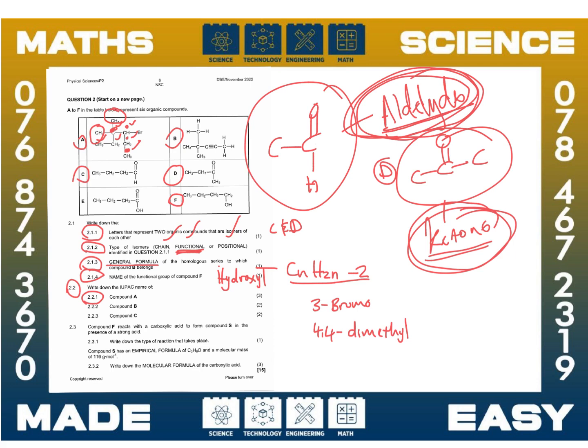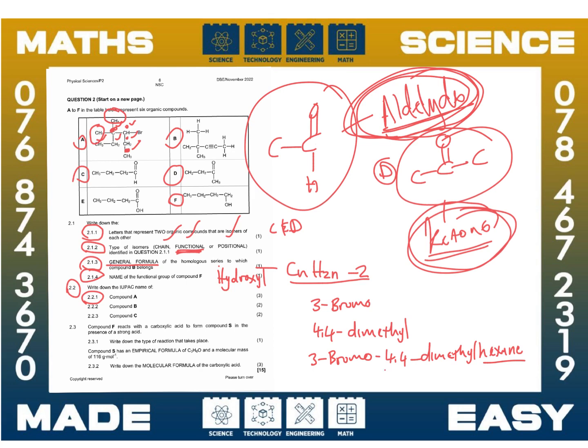So remember, when you write these, we follow the alphabetical order. So B comes first. So we have 3-bromo-4,4-dimethylhexane. The longest chain had 6 carbons, which makes it hexane.